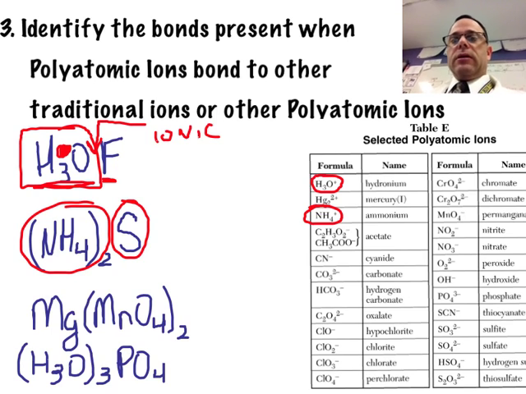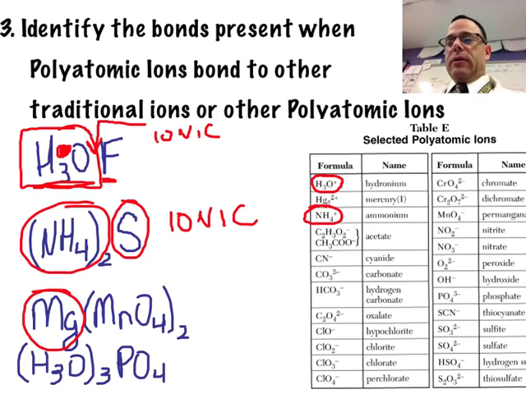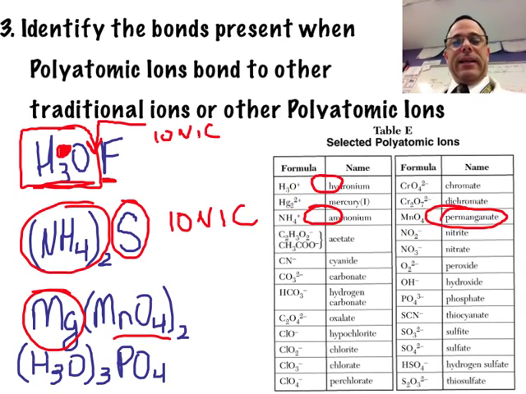Again, it is an ionic bond and a covalent bond. Similarly, magnesium bonding with MnO4. There it is. And the name for that is permanganate.